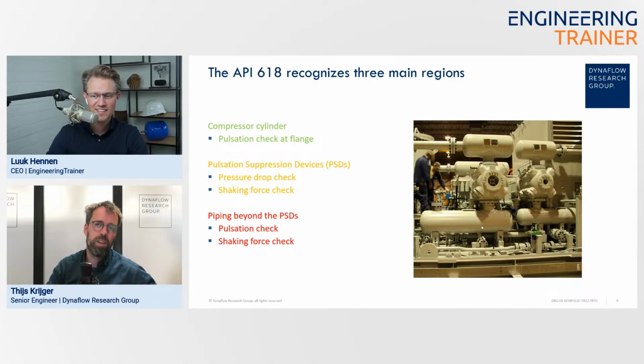there is a clause that you can, in some cases, in discussion with the end user and the person or the company delivering the compressor, arrive at a system that does have excess of pressure drop over the pulsation dampeners. You can deviate.